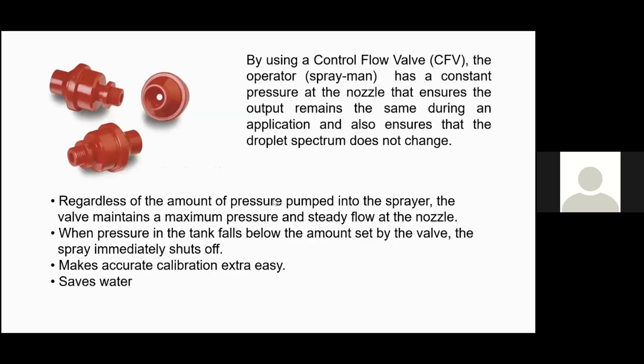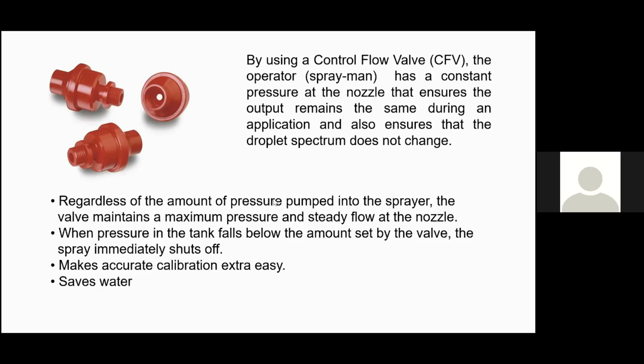So by using a control flow valve, the operator has a constant pressure at the nozzle that ensures the output remains the same during an application and also ensures that the droplet spectrum does not change. Regardless of the amount of pressure pumped into the sprayer, the valve maintains a maximum pressure and steady flow at the nozzle. When pressure in the tank falls below the amount set by the valve, that is 1.5 bar, the spray immediately shuts off.